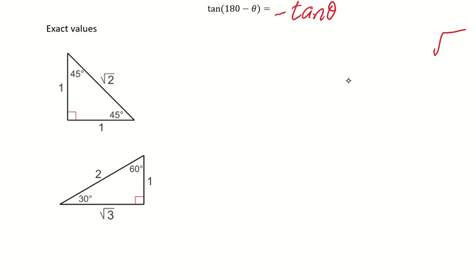So let's have a look. Sine 45 is opposite over hypotenuse, 1 over root 2. Based on what we did in term 1, rationalize the denominator, we get that result. So cos 45, we can say this is an isosceles triangle.